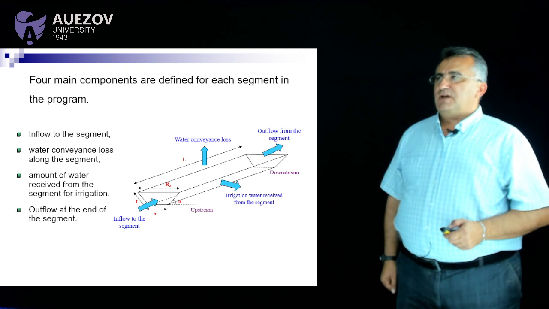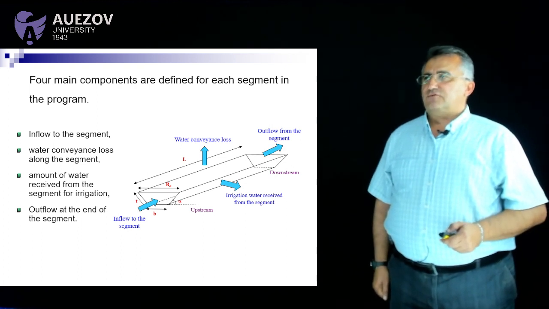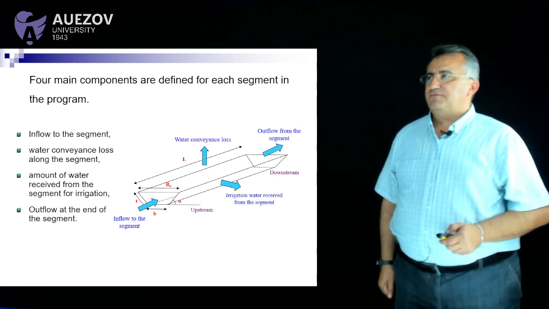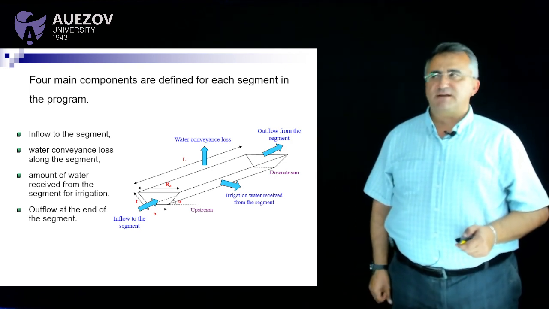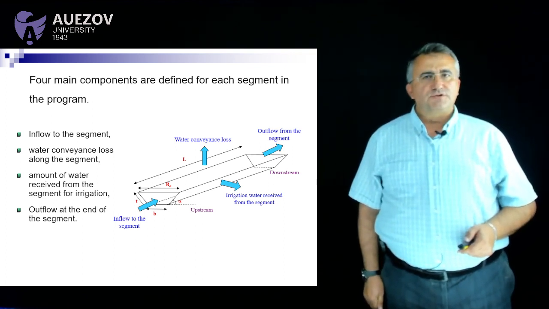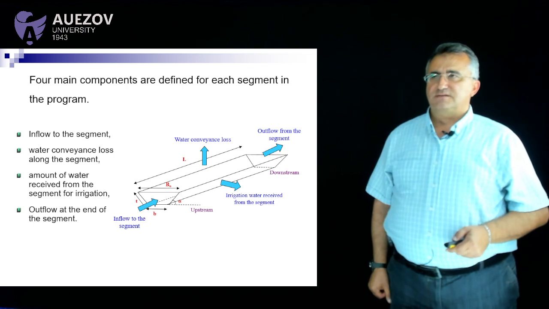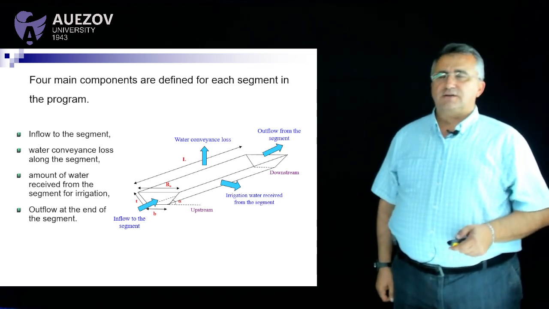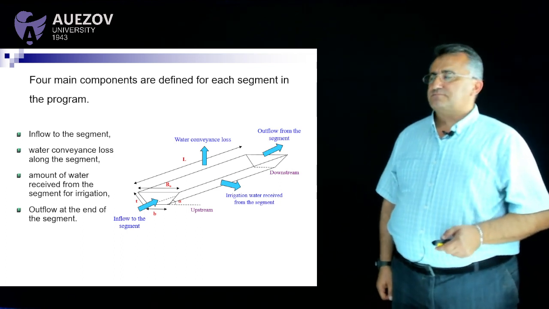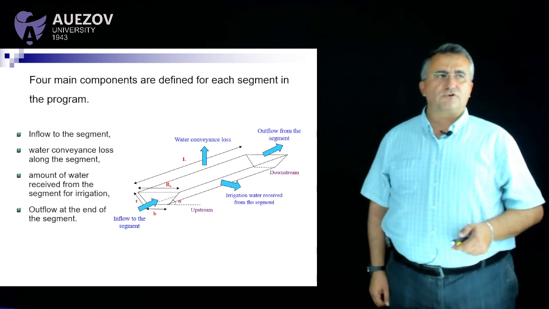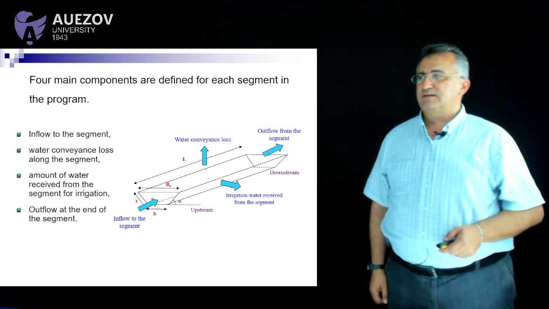Also, four main components are defined for each segment in the program. The first, inflow to the segment. Also, this is a trapezoidal open canal segment. The second, water conveyance loss along the segment. The third one, amount of water received from the segment for irrigation applications.